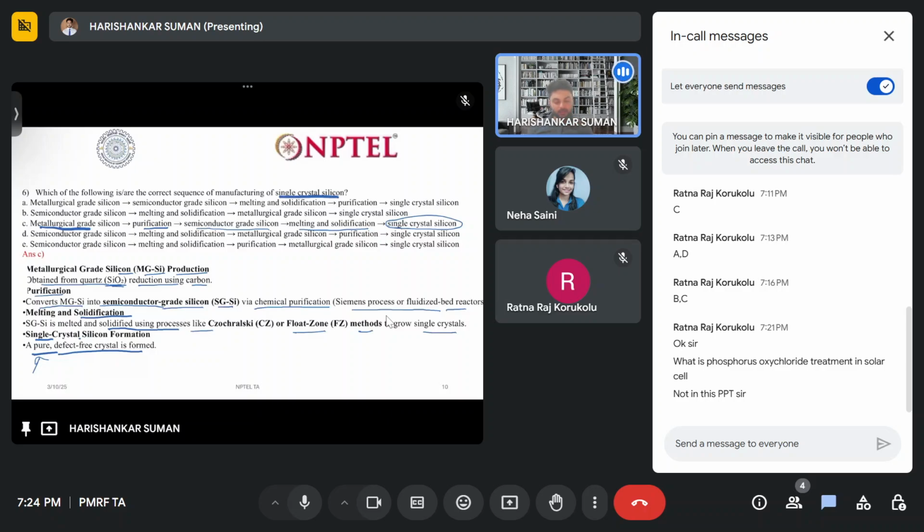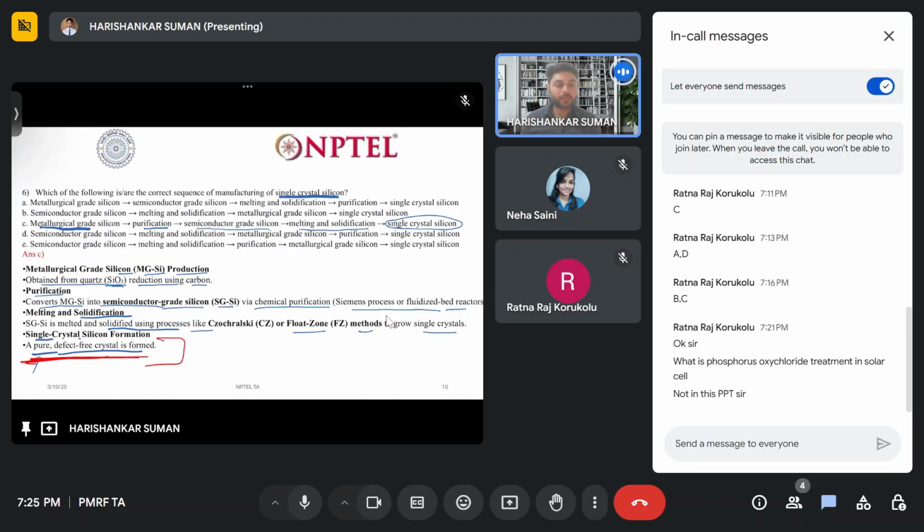First is metallurgical grade silicon, then purification, then semiconductor grade silicon, then solidification. In the last step, pure, defect-free, highly pure single crystal silicon is obtained.